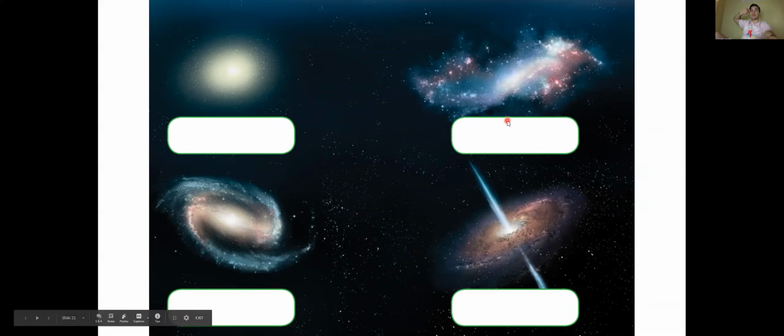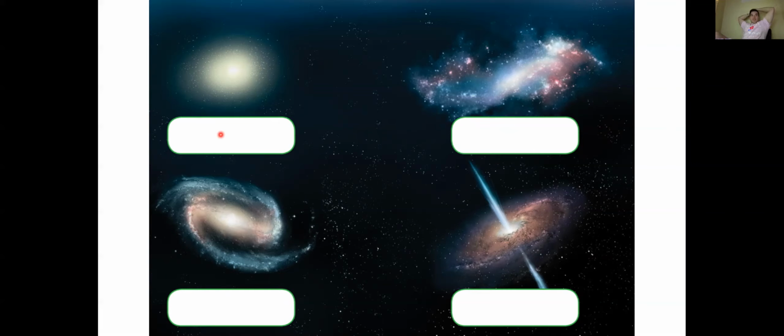What about this one, top right? Top right is irregular. Elena got it right again. What about top left? Timmy, you sticking with that answer?